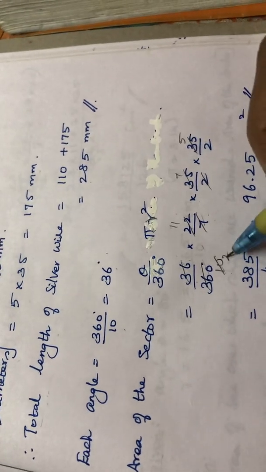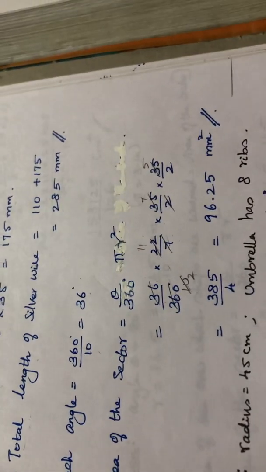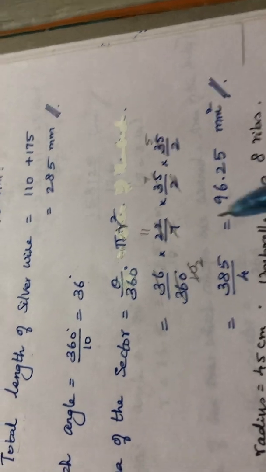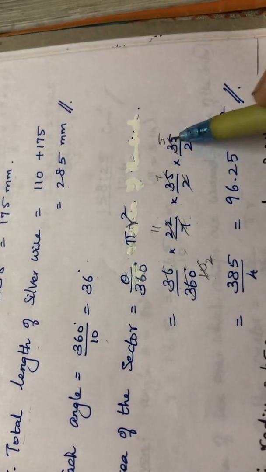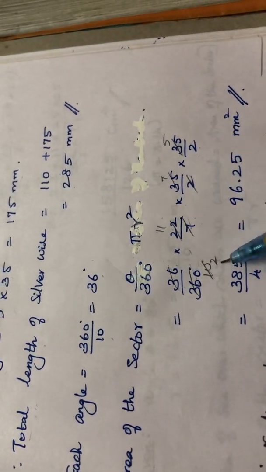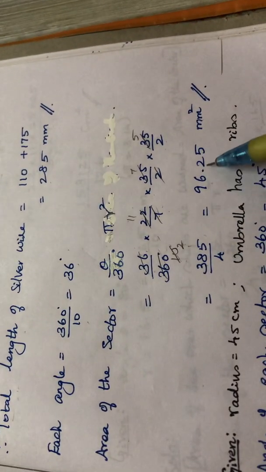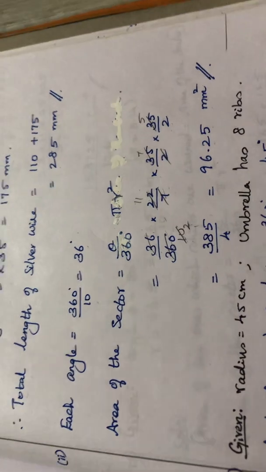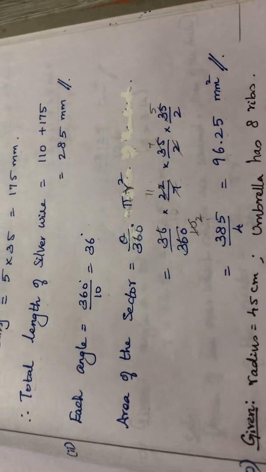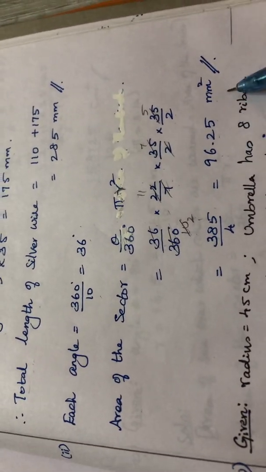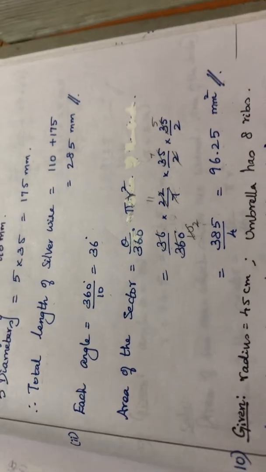The 10 and 5 I am cancelling. So the rest of the terms are 11 into 7 into 5, and in the denominator 2 into 2 is there. So 385 by 4, when I simplify, is 96.25 mm square. Therefore, the area of each sector is 96.25 mm square.